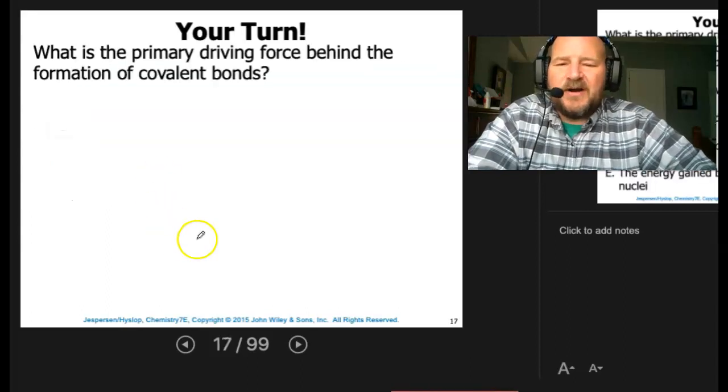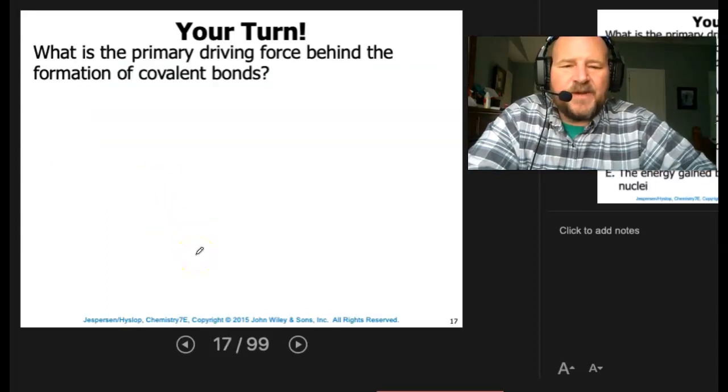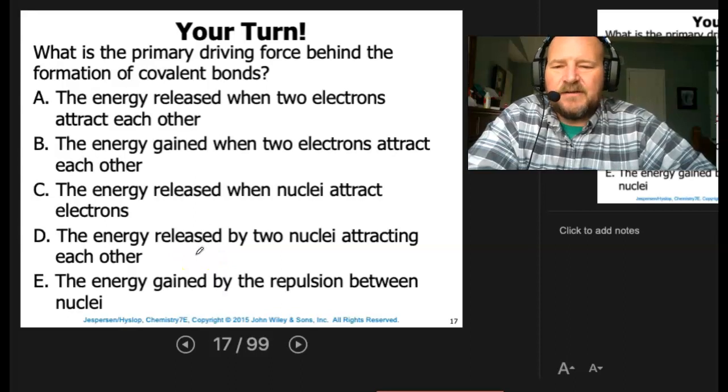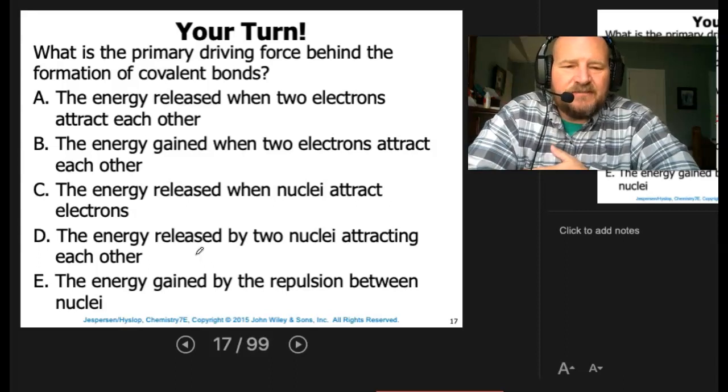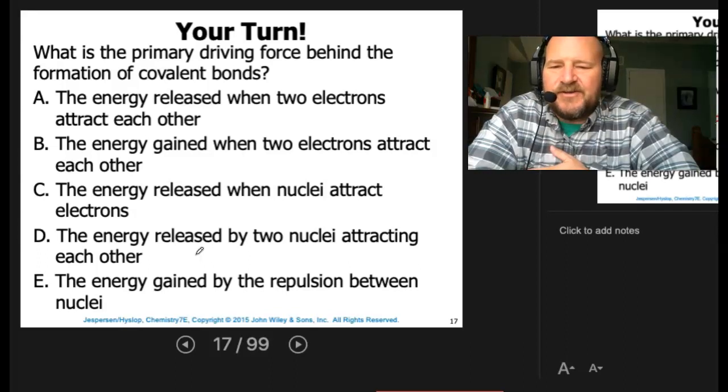What is the primary driving force behind the formation of covalent bonds? The energy released when two electrons attract each other? Well, that just makes no sense, because the electrons are going to repel each other. The energy gained when two electrons, yeah, more junk. All right, let's see. The energy released when nuclei attract electrons, that's got potential.